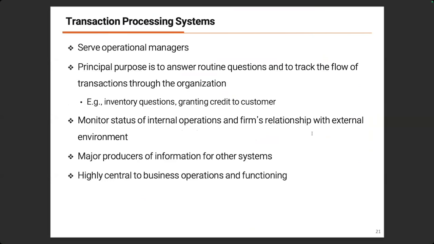So the TPS is the major producer, the main system to generate and collect transaction level data and information. And the TPS is highly central to business operations and functioning.